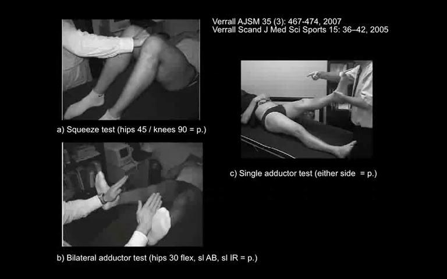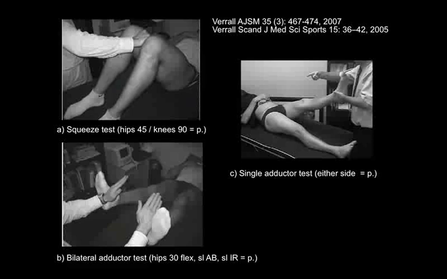Various tests have been described in the literature as good tests to see if there might be a groin strain injury. This is the squeeze test, hips at 45 degrees of hip flexion and knee flexion, and doing a resisted movement to cause pain. Bilateral adduction test, hips at 30 degrees with knees straight, slight abduction and slight internal rotation, and then doing resisted testing, causing pain.